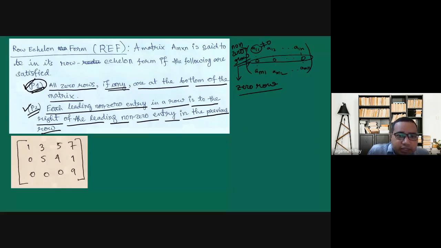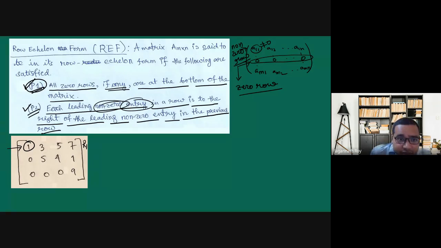Now come back to the second property. In row 1, the leading non-zero entry is 1. Since it does not have any previous row, we do not bother about whether it is right or left.